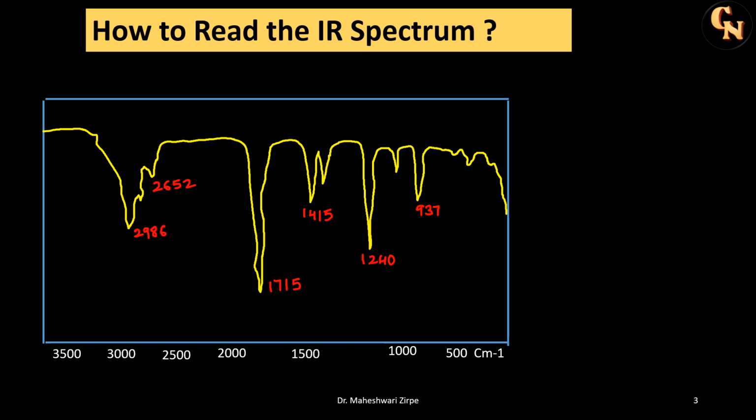So for example, this peak, I'll just highlight it. This peak is 2986 centimeter inverse. Then the next one is 2652 centimeter inverse. Then the next one is 1715 centimeter inverse, and so on.